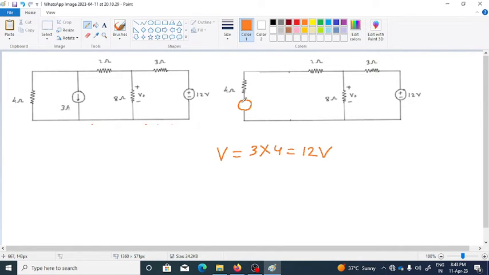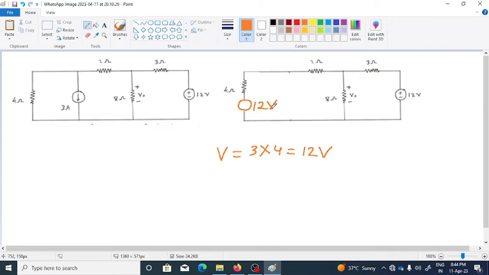What we did is we have just converted this particular combination of current source and the parallel resistance into a series voltage source. So here we'll be having how much? As we calculated, it is the 12 volt.